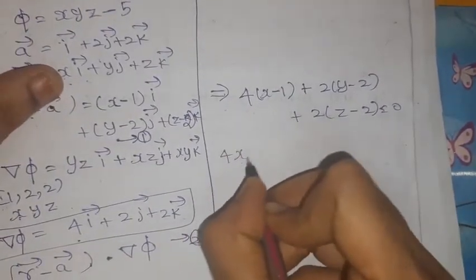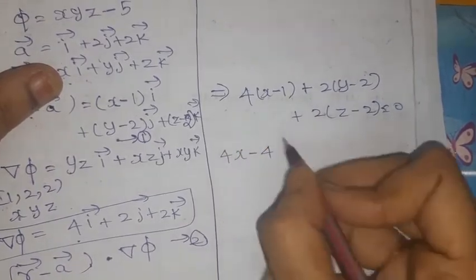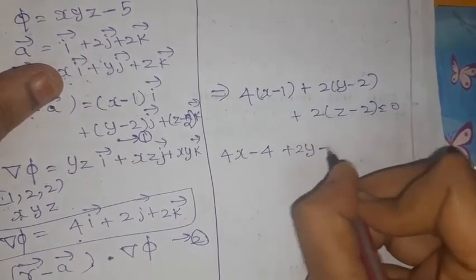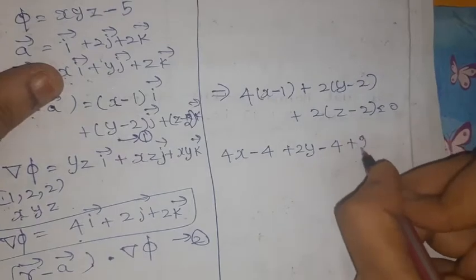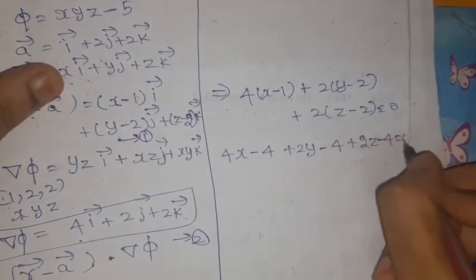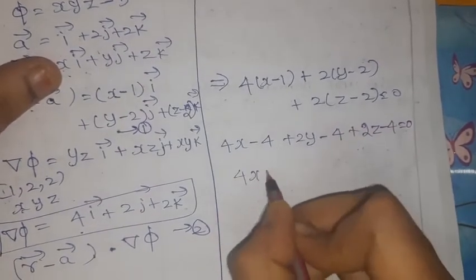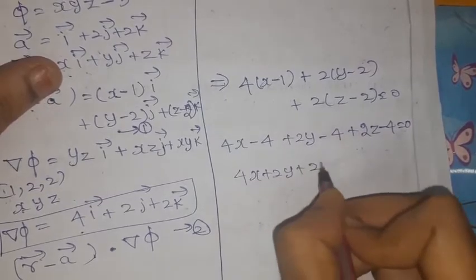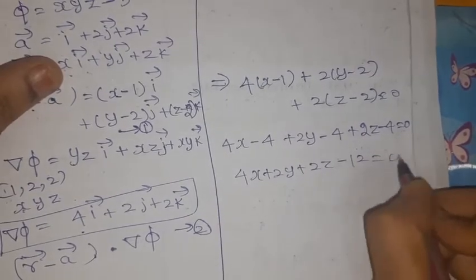Then multiply inside and simplify: 4x minus 4, 2y minus 4, plus 2z minus 4 equal to 0. Then 4x plus 2y plus 2z minus 12 equal to 0.